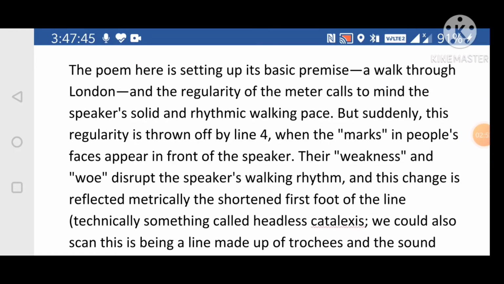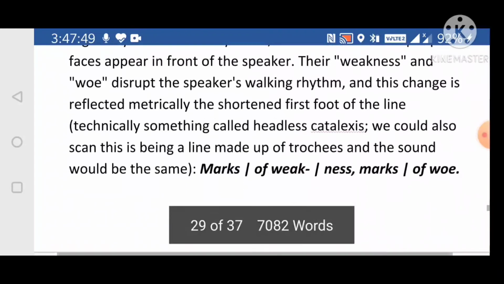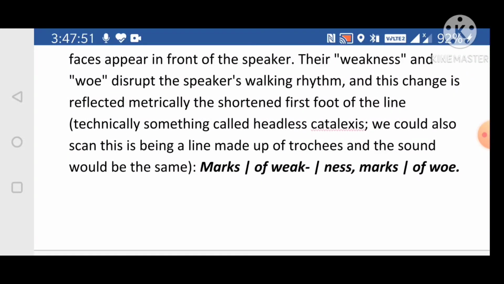Their weakness and woe disrupt the speaker's walking rhythm, and this change is reflected metrically in the shortened first foot of the line, technically something called headless catalexis. We could also scan this as a line made up of trochees, and the sound would be the same. "Marks of weakness, marks of woe," for example.